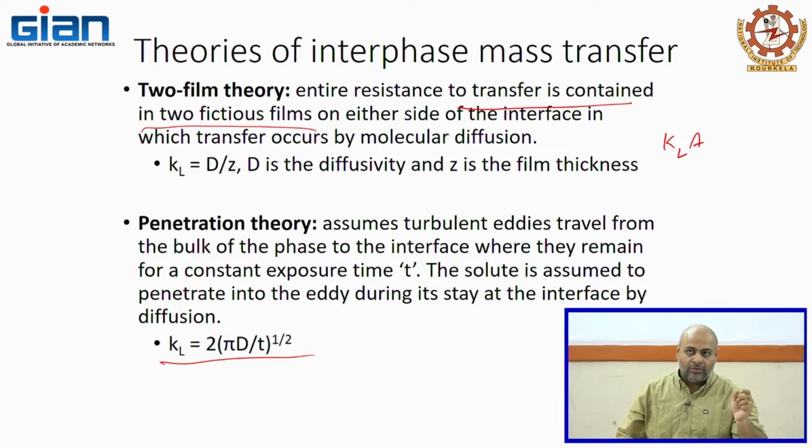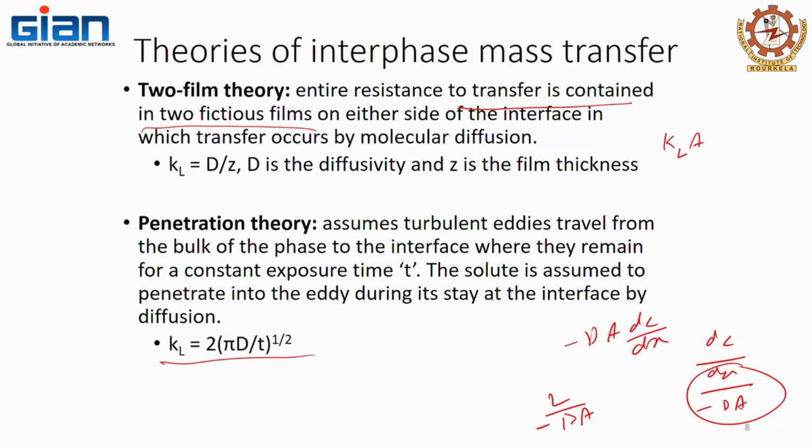similar to resistances that you see in your mass transfer. You remember, right? Minus D A dC by dx; the resistance is given by dC dx by minus D A, that is L over D A. This is your resistance to diffusion.